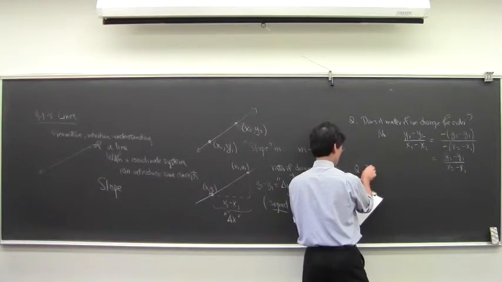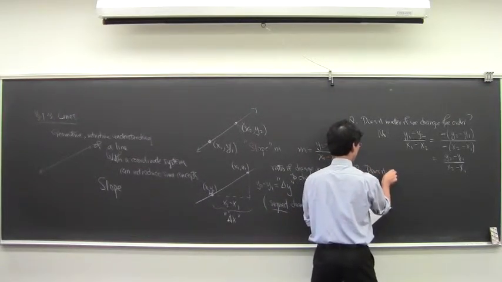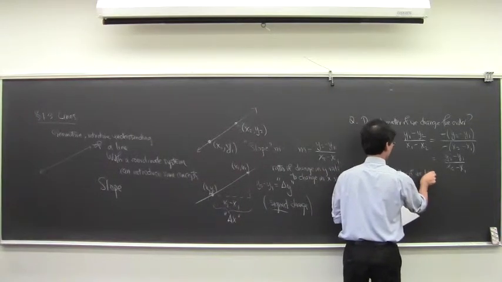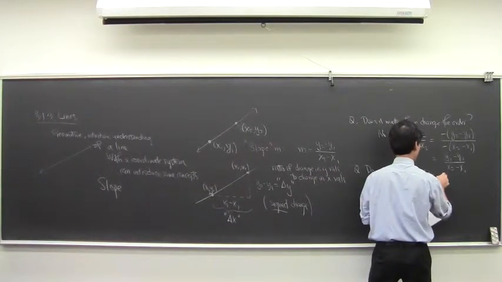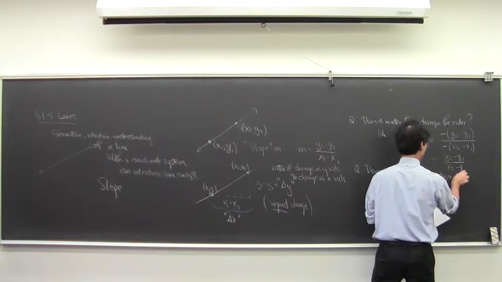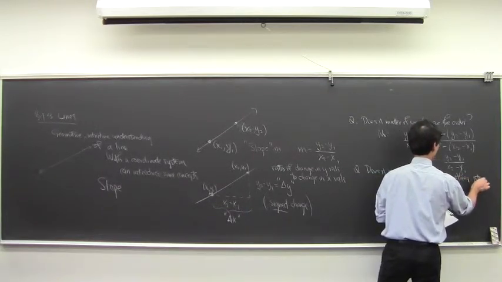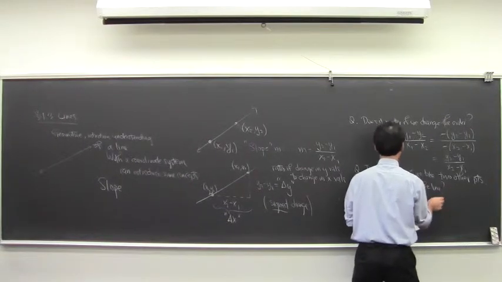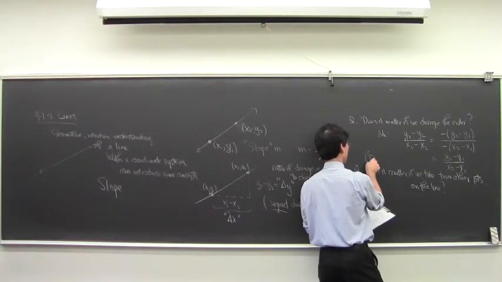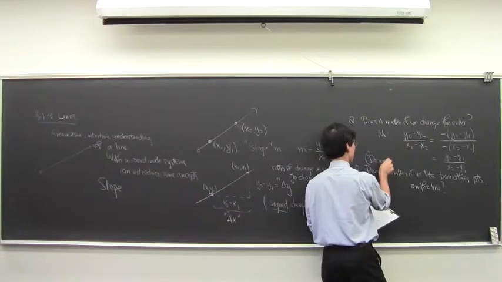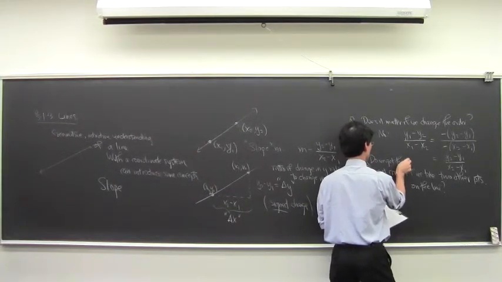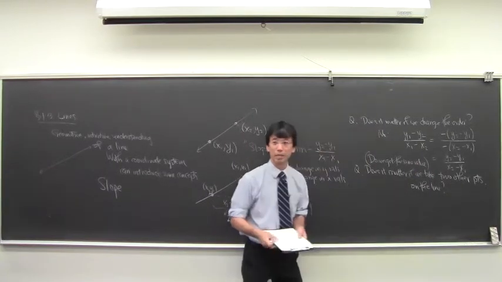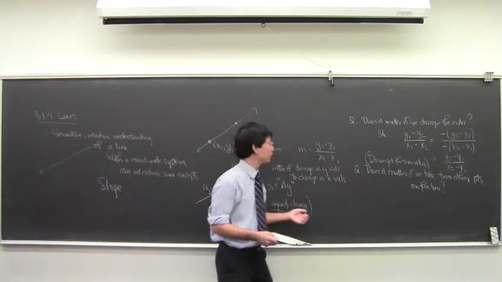Question number 2, does it matter if we take different points, 2 other points on the line? By does it matter, I mean, do we get the same thing for slope if we take two other points on the line?